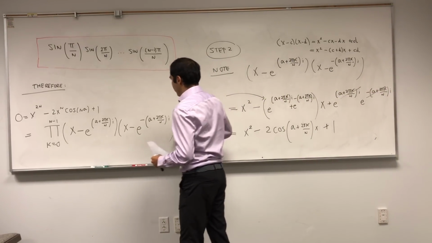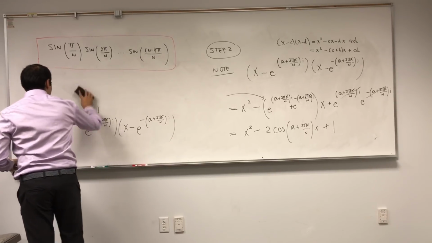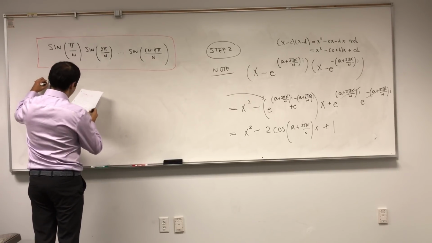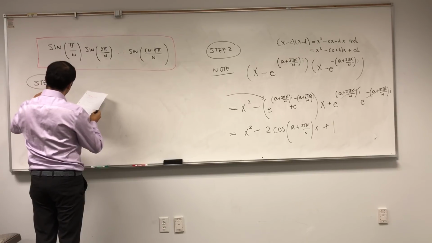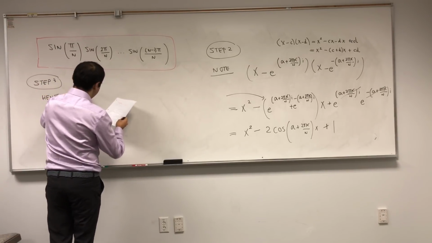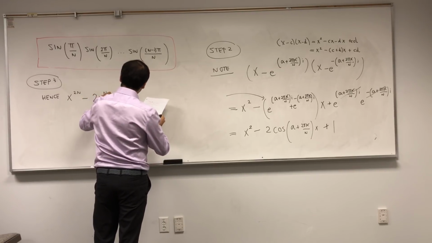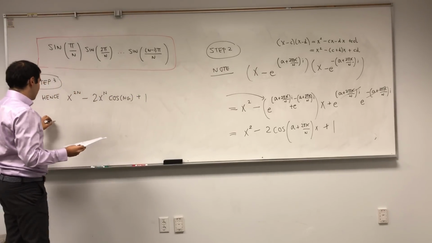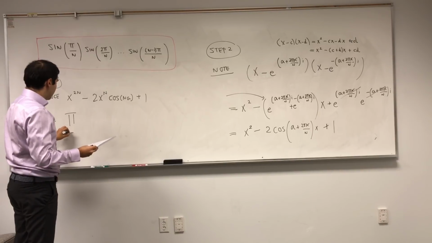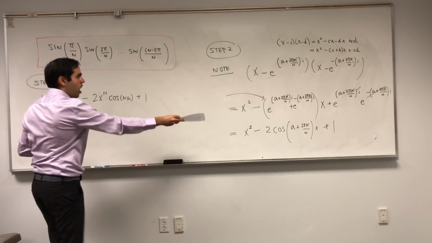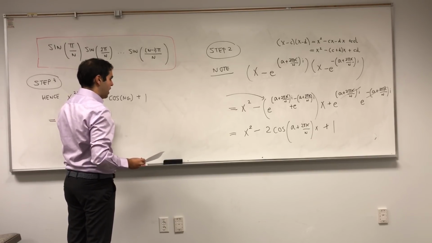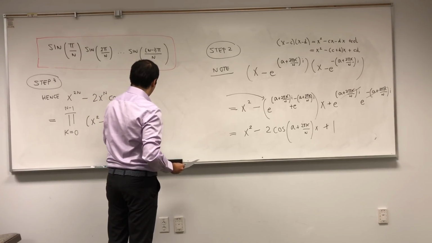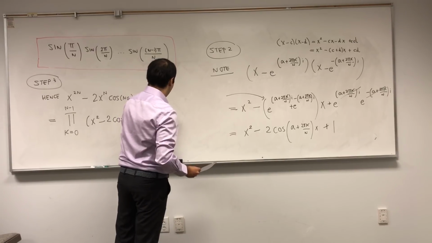So this is step 3. Hence, x to the 2n minus 2x to the n cosine of na plus 1, that's our original equation, now becomes the product from k equals 0 to n minus 1 of those factors here. x squared minus 2 cosine of (a plus 2 pi k over n) x plus 1.